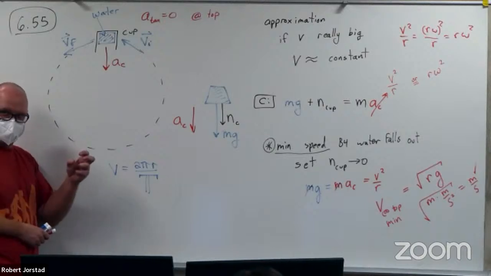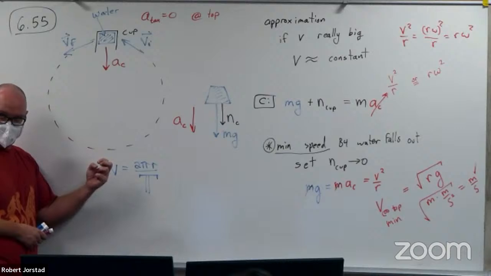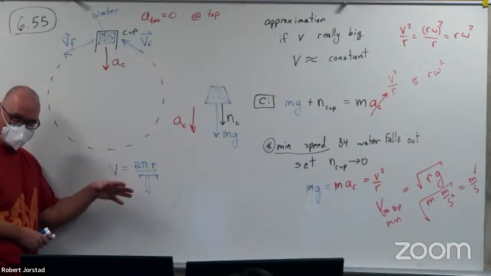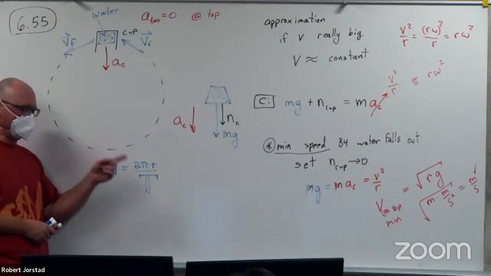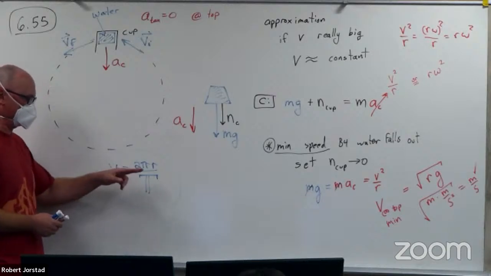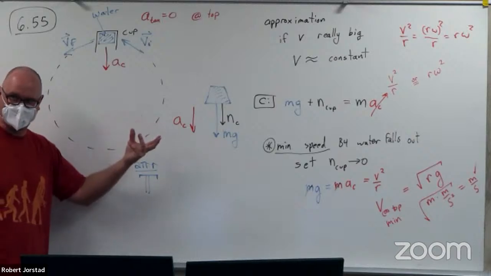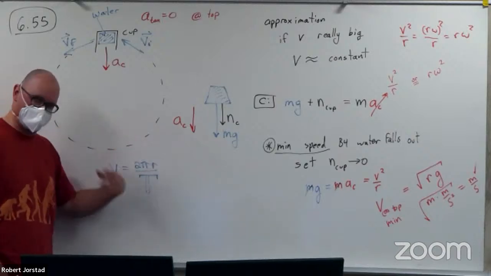If you have a minimum speed, you're going slow. That's a long time to go around. Agreed? Your minimum speed, long time to go around. So a minimum speed corresponds to a maximum period. The maximum time to go around corresponds to the minimum velocity.